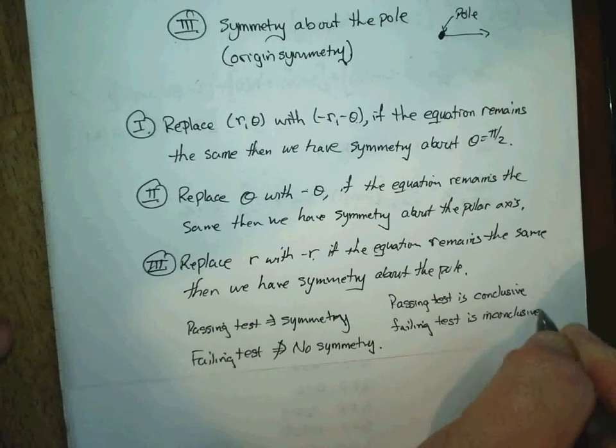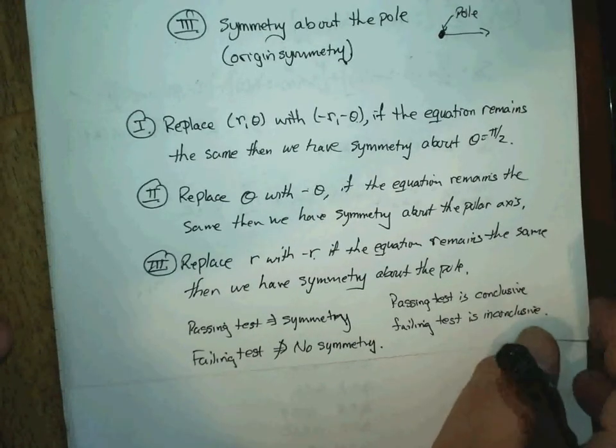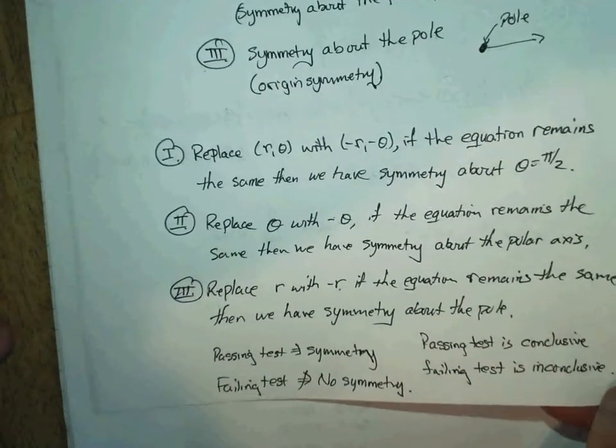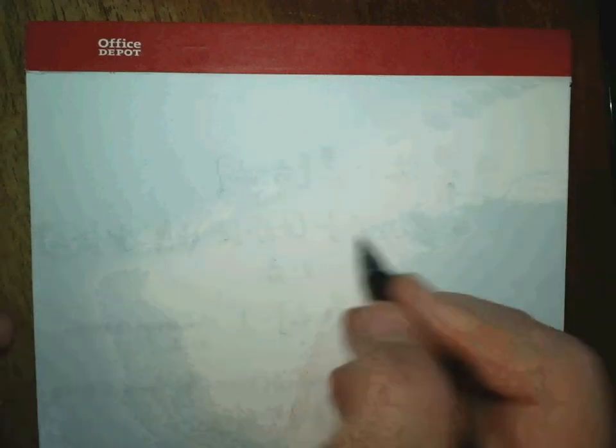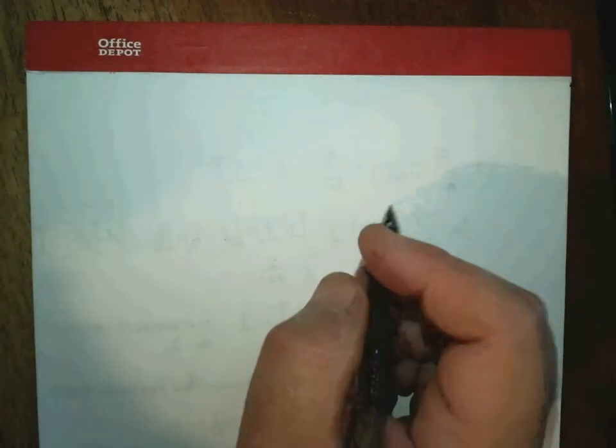It does not tell you that you do not have a certain type of symmetry if you fail the test. It's only that if you pass the test, then you do know you have a certain type of symmetry. And we're not used to seeing many things that work that way in math, so you may have been assuming that if you failed the test, that meant you didn't have that type of symmetry. So you have to be careful not to think that way.